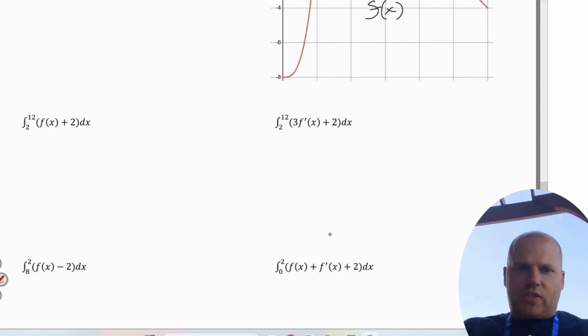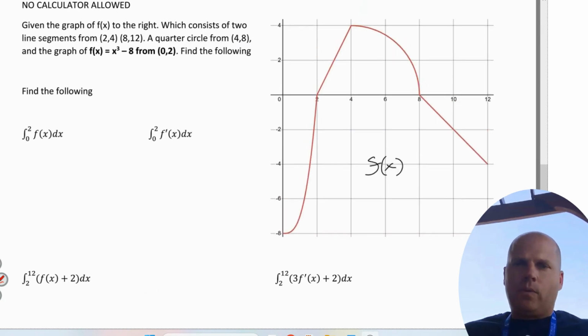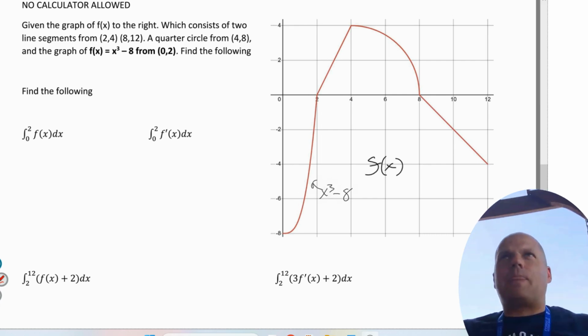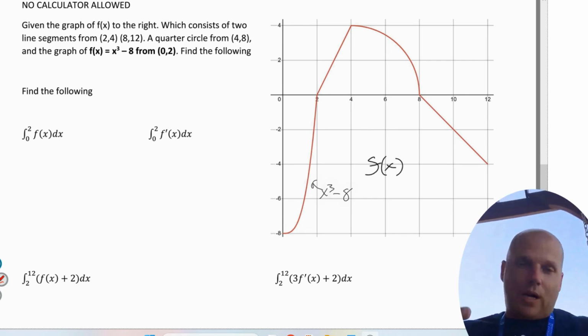Whenever you have something like this or anything being added, you can split it up. Remember the different ways to accumulate. If you're given that this is the graph of x cubed minus 8, to accumulate x cubed minus 8, you could use a Riemann sum to approximate it, or you could use big F of 2 minus big F of 0, which is something you can do here.